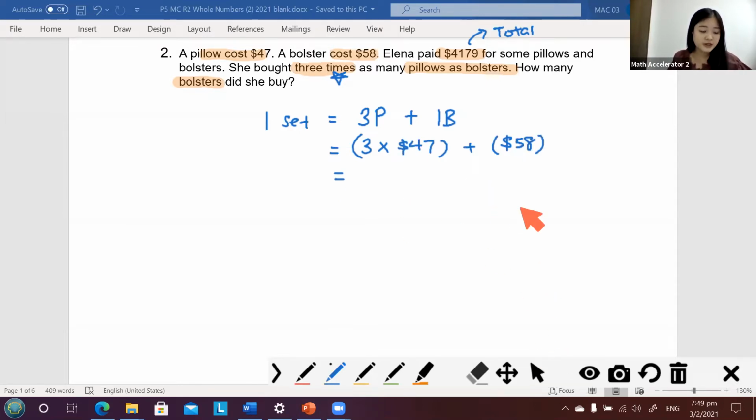If you calculate it out, this is 141 plus 58. I see one of you chose 141. That is only for the pillows. You also must include that 1 bolster. So in one set, that is your 199. This is the value of one set.